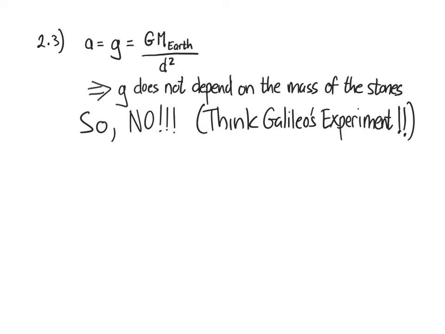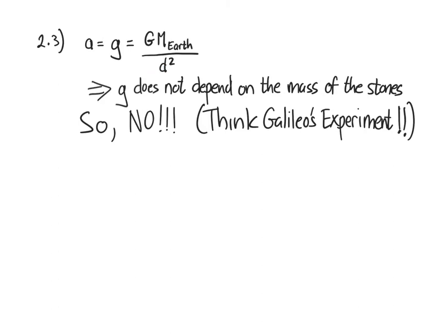That just simply isn't true. Using a deeper understanding of what acceleration due to gravity is, and we'll do this later on in the year, the gravitational acceleration is actually dependent on a very small universal constant, called the universal constant of gravitation, the mass of the Earth, and the distance from the center of the Earth squared.